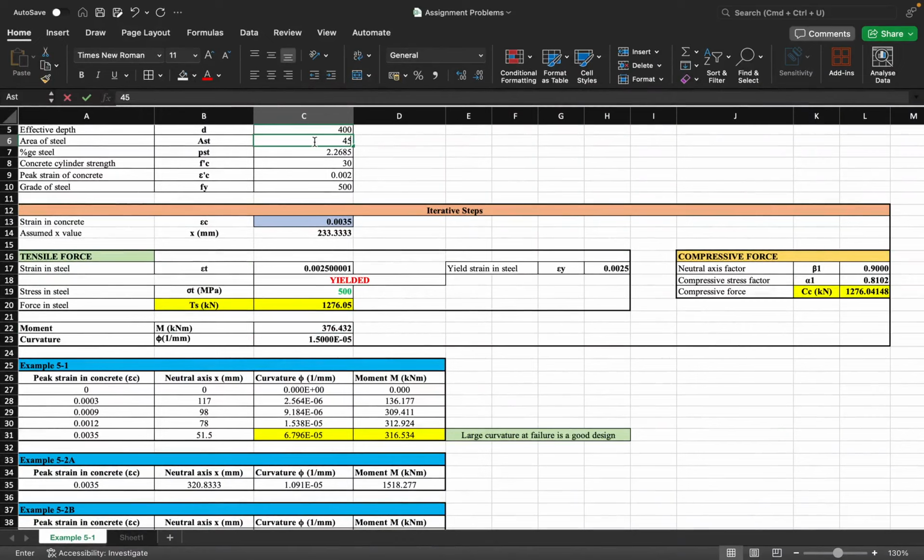Now it is 4500, so it is 4% of the cross sectional area. Then assume a value of 0.0005, and the value of Cc is high, so we need to reduce the value of x. The participants can suggest the value.